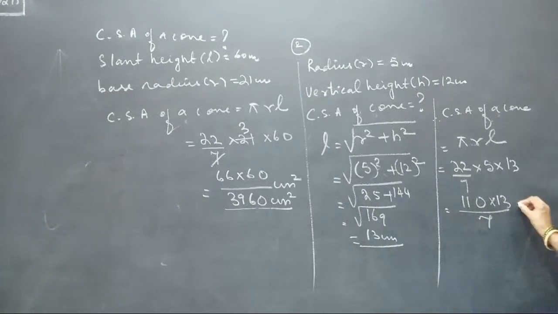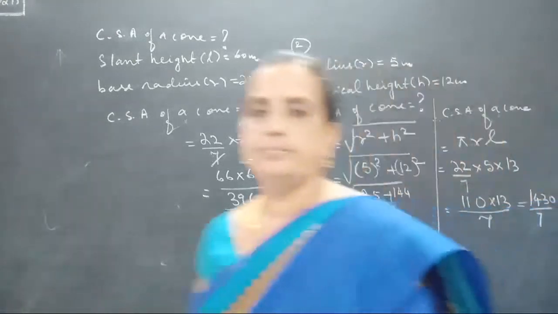What will you get? 1430 by 7. Now divide and find the quotient. What is the answer?